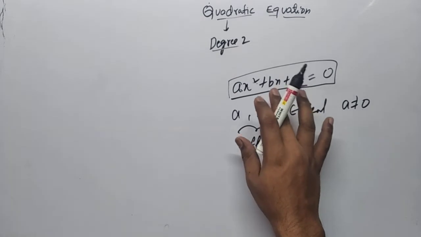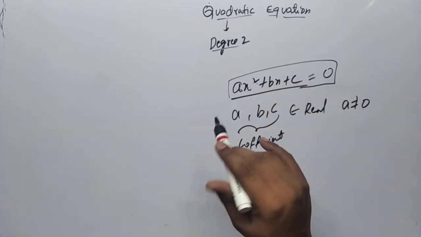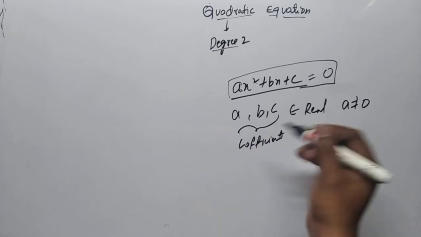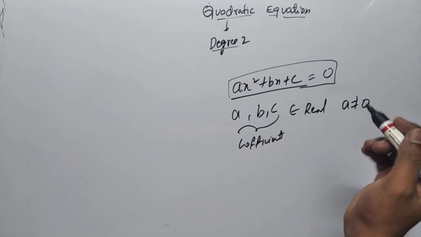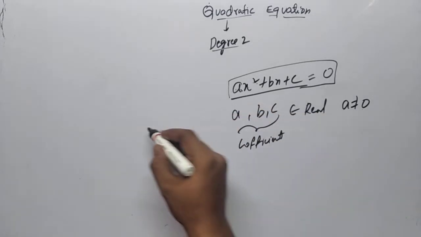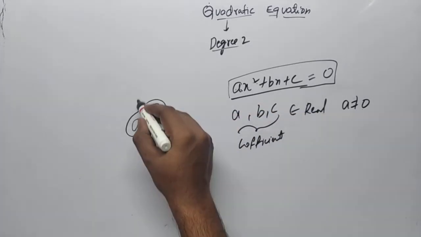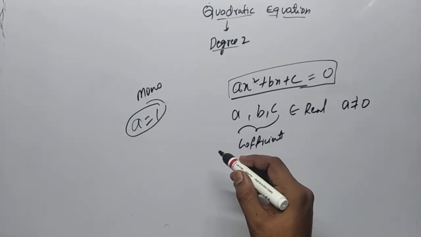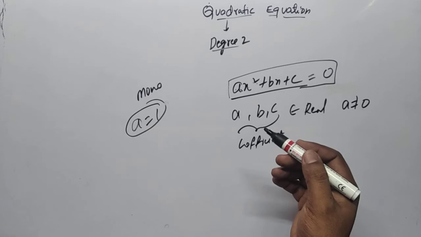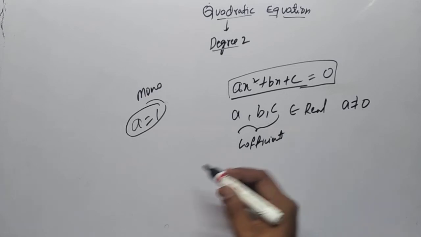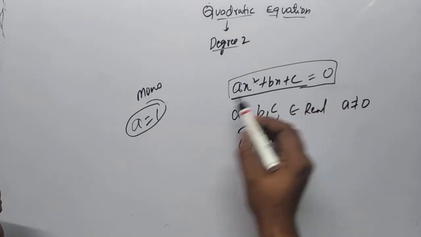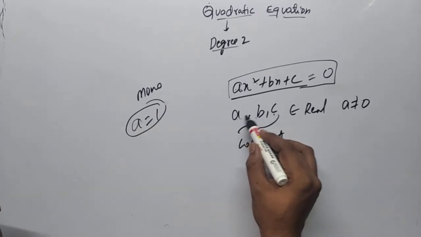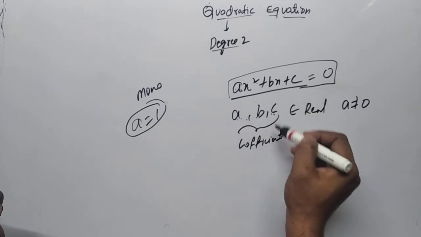This is known as a quadratic equation, and there is another name for these equations, the monic quadratic equation. A monic quadratic equation is whenever the value of a is 1. And sometimes you may get a question as to what an incomplete equation is. An incomplete equation is one where any one of the coefficients a, b, c is absent.